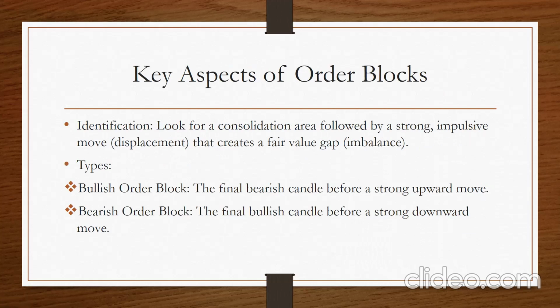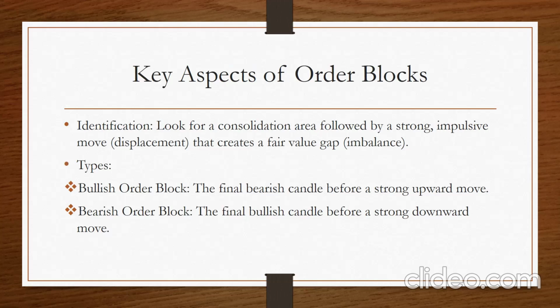So sometimes you see that when the market is in a predominant buy trend, all of a sudden it will change direction and then it sells. And then the last bullish candle forms the sell order block or the bearish order block. Sometimes too, the market will consolidate, but as it is consolidating, all of a sudden you see a strong impulsive move, or displacement, that forms the order block.